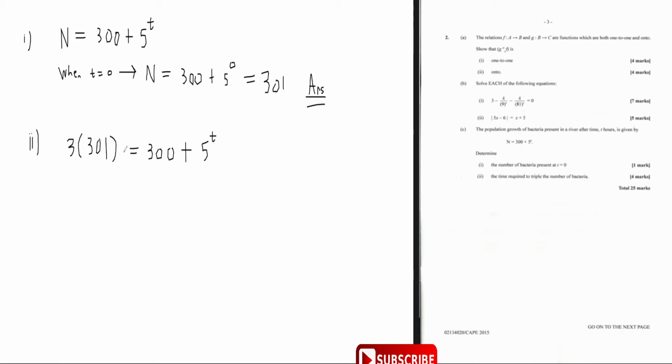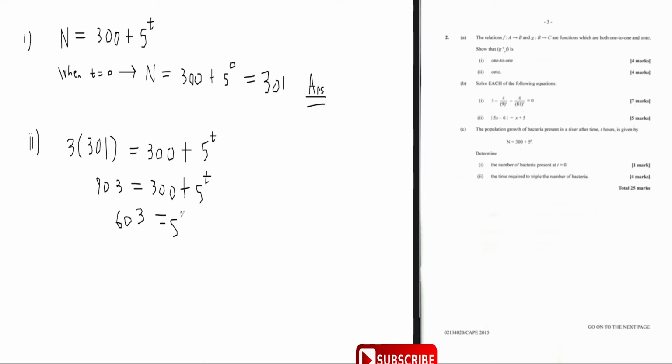All right, so we expand this, and we get 903 is equal to 300 plus 5 to the t. All we have to do now is subtract 300 from both sides, and we get 603 is equal to 5 to the t.